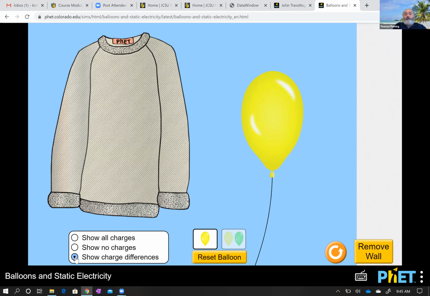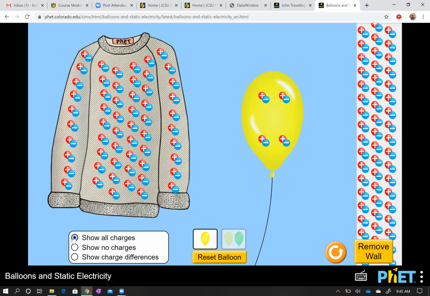Right? That's pretty straightforward. Now, I also know that if I were to take this balloon and rub that balloon up against the sweater, then what could happen is I may acquire a certain amount of static electricity, right? If you've ever rubbed a balloon and stuck it on the wall, you've certainly experienced that same sort of process.